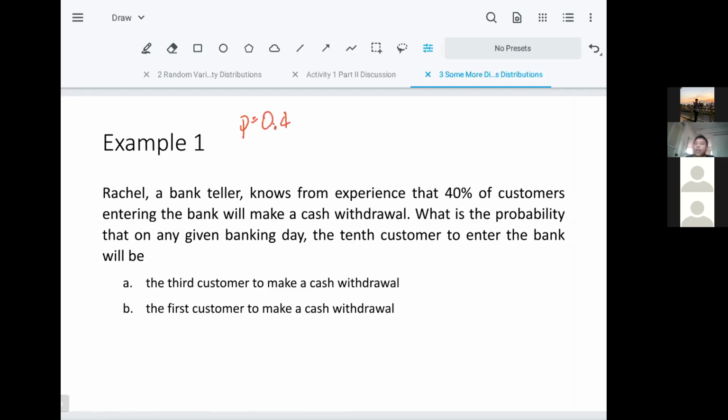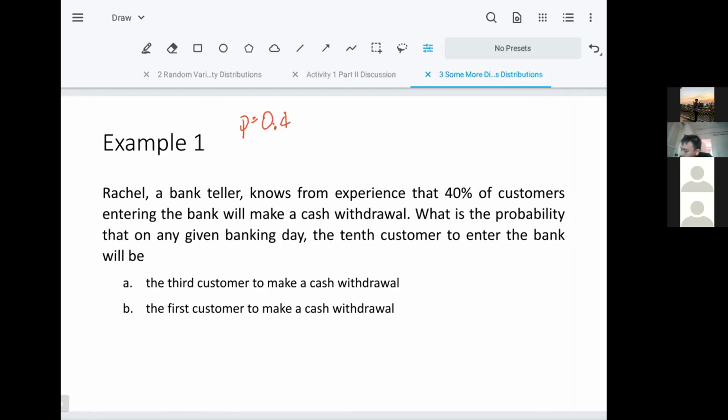So it's a binomial experiment. Each attempt is a customer, and making a cash withdrawal is the success. It's just withdraw or not withdraw. I don't care whether they check their balance, deposit, or whatever transaction they want.